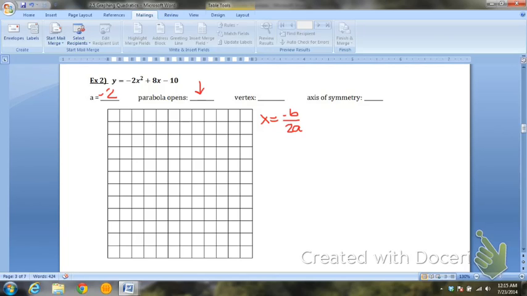So the opposite of b is going to be -8 over 2 times -2. That means I have negative 8 over negative 4, which is 2. So that is, again, the first coordinate of my vertex.